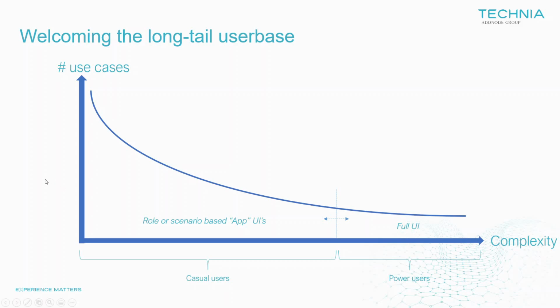However, on the other end of the scale, you may have these casual users that you want to come into the system, you want them to produce data or consume data in the system, and for them we think having a more streamlined UI, maybe thinking a little bit along the app philosophy, that I want an app to do some specific task, or an app that is tailored around a certain role in the organization.